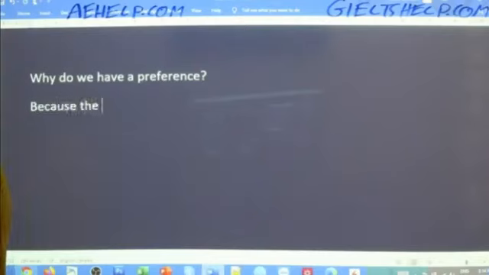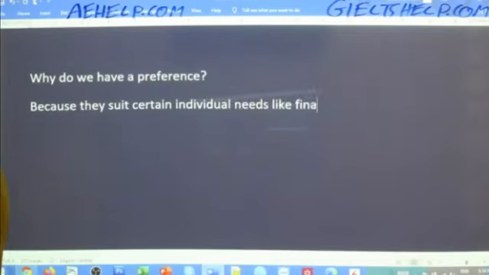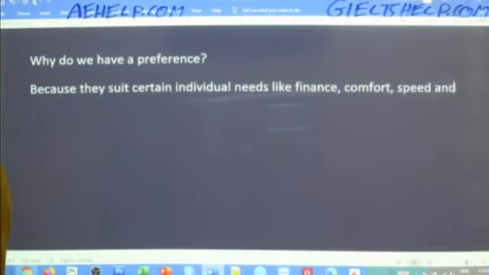So why do we have this preference? Because they suit certain individual needs like finance, comfort, speed, and convenience.